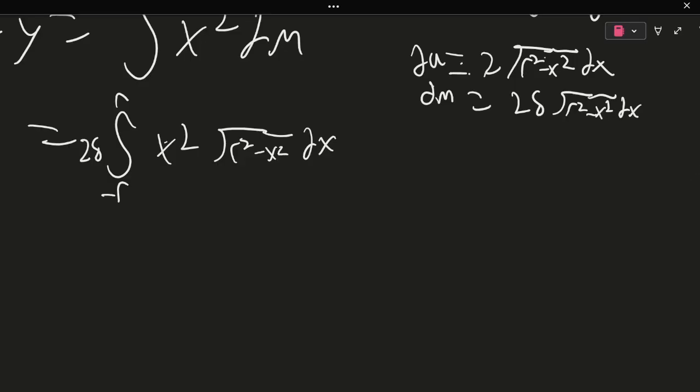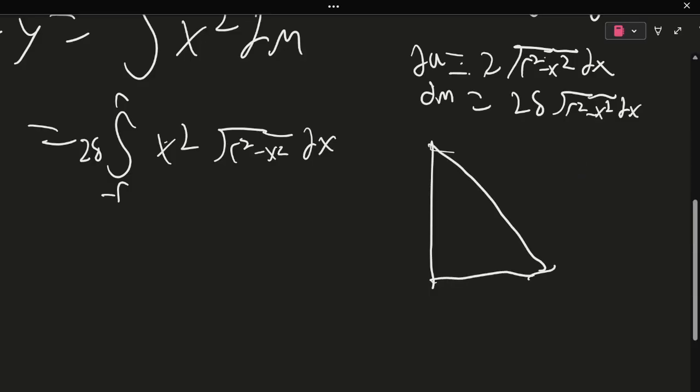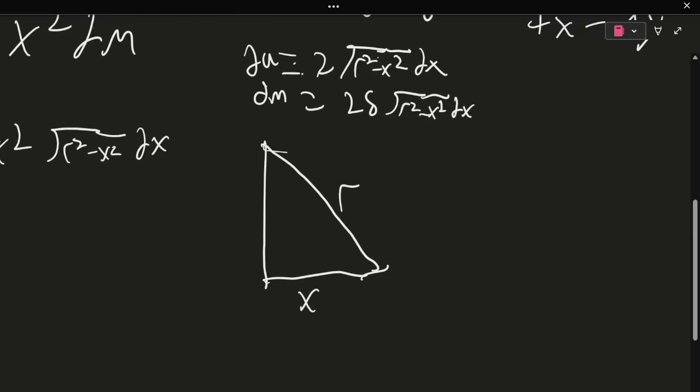So we'll draw our triangle. r squared is a positive value, so we know our hypotenuse is going to be r. x is going to be our negative value, so in this case, we'll just make it our x value, and then we'll label theta.